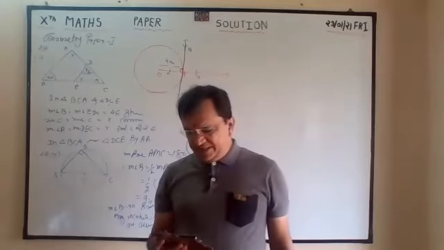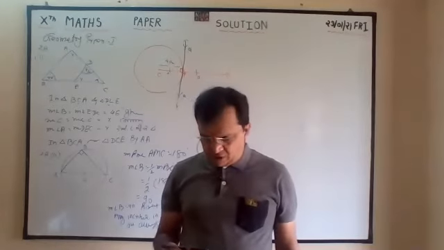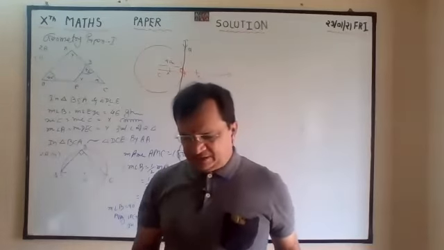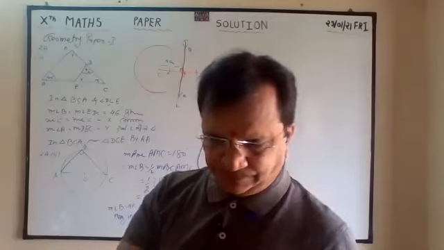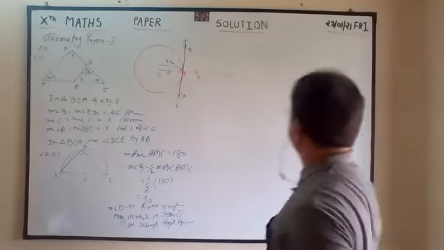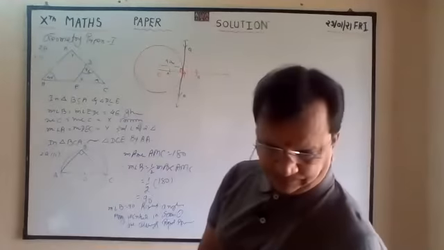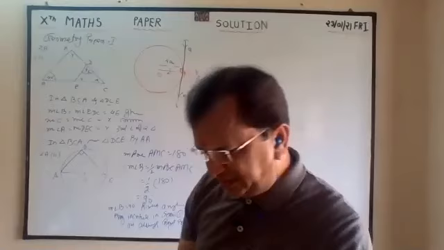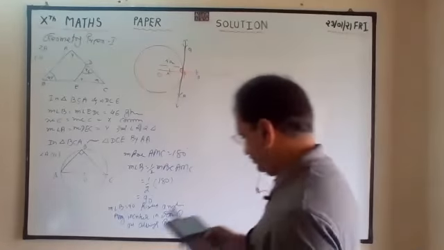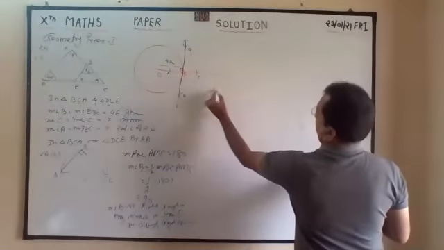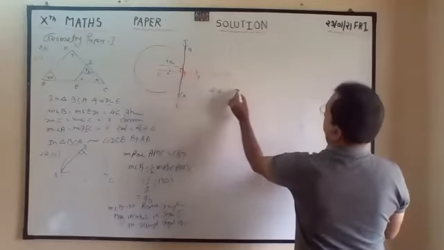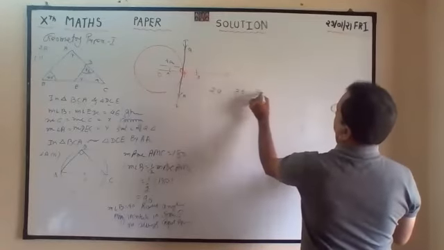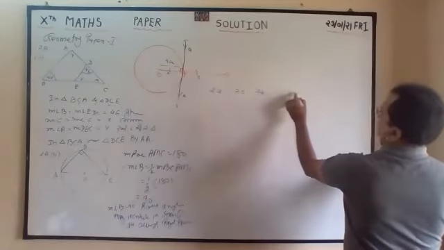To identify whether it is a Pythagorean triplet or not, there are two methods. The numbers given are 24, 70, 74.